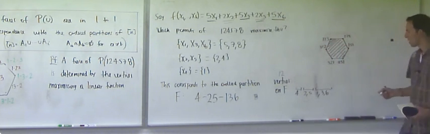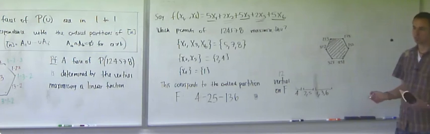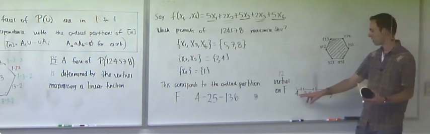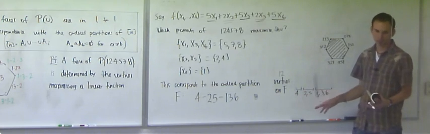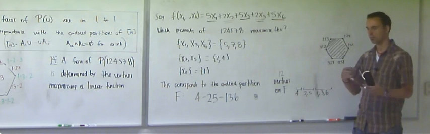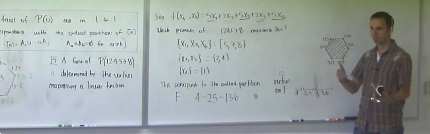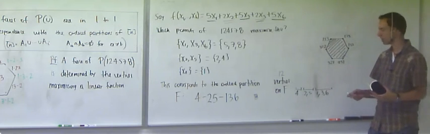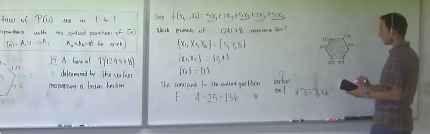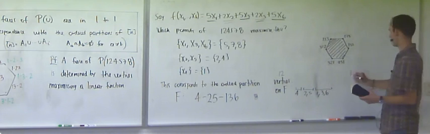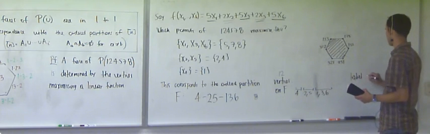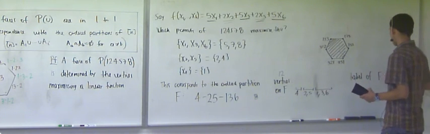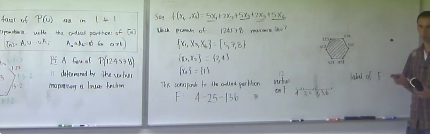Now, each one of these comes with a label. For example, 4, 5, 2, 3, 1, 6 gets labeled x1 to the 4th, x2 to the 5, x3 squared, etc. So what's the label that F gets? Well, it's the least common multiple of all of those labels.